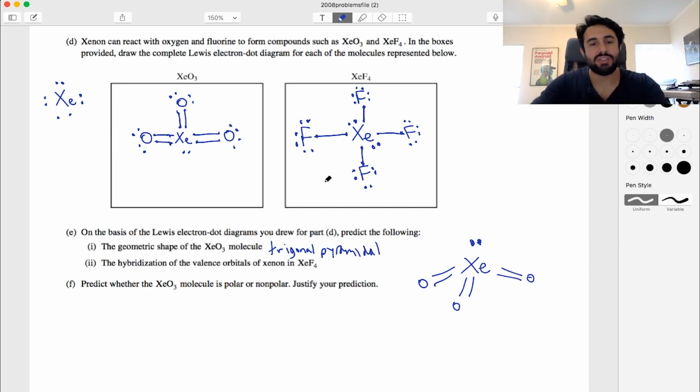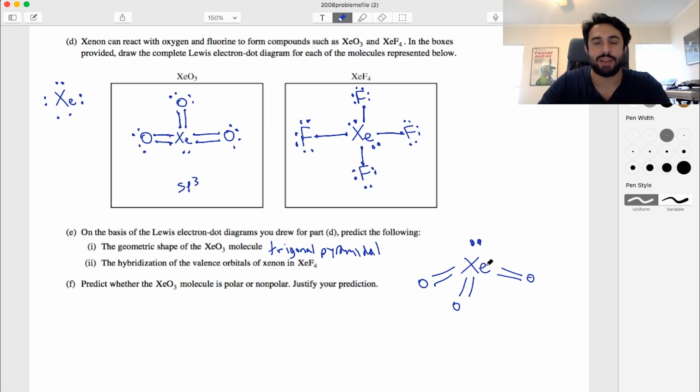Right, because this is sp3 hybridized. The xenon is sp3 hybridized because it has 4 electron domains: oxygen, oxygen, oxygen, lone pair. Right, and if something is sp3 hybridized, it has tetrahedral electron domain geometry. It's got to have those 4 coordination sites. It has 4 electron domains, and here one of them is a lone pair.